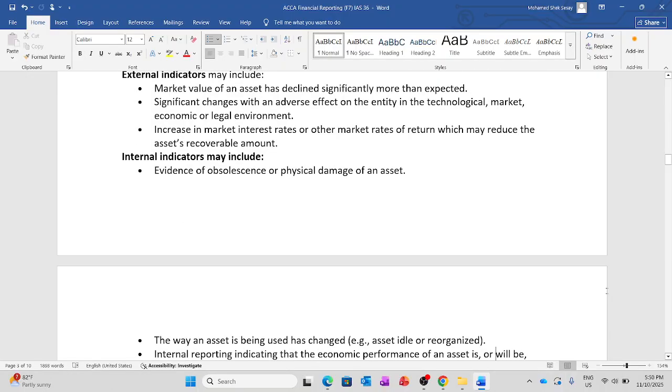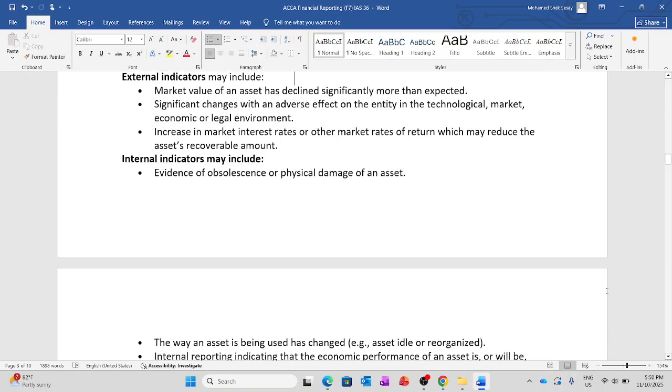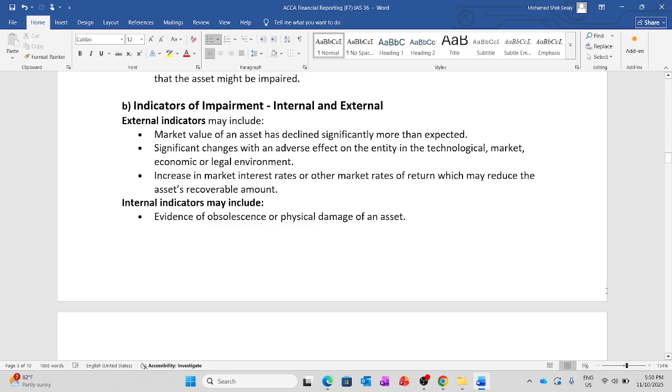So now we are going to look at the indicators of impairment. We have two broad categories: the external sources and the internal sources. When we talk about the external sources, it can be that the market value of the asset has declined significantly. We can also talk about significant adverse changes in technology, for instance, now the world is moving to more artificial intelligence, AI. We are moving to more big data, to data analytics, and to a more systemized approach to account for our day-to-day operational activities.